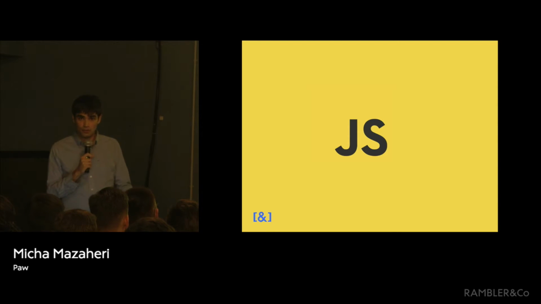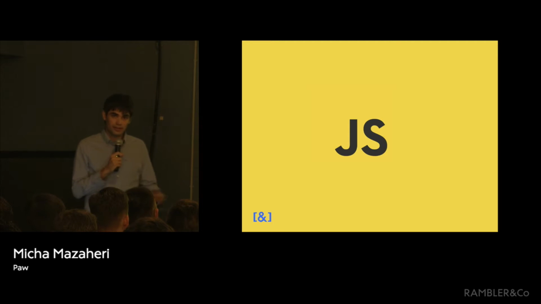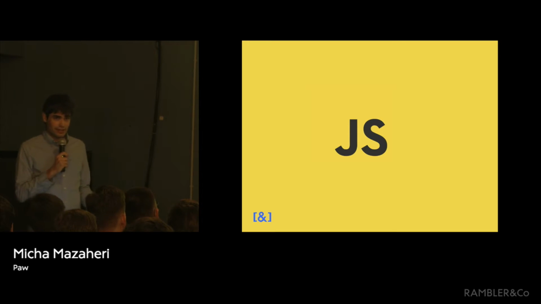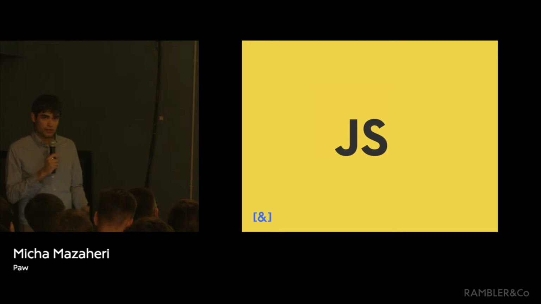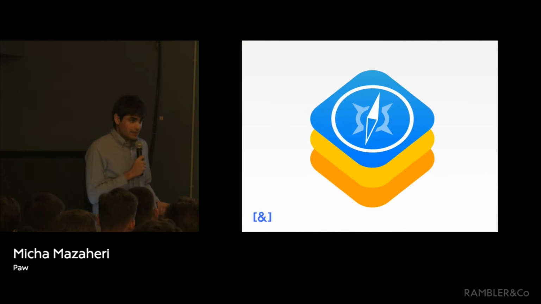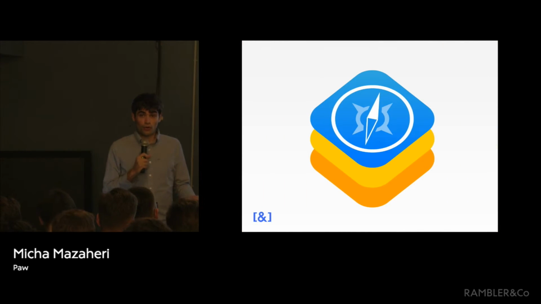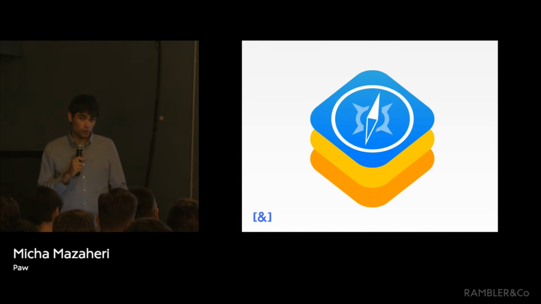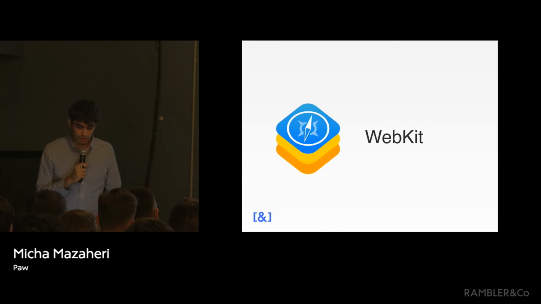It's a very popular language. We may hate it or like it, but lots of people know it. And it has very nice bindings with native code. In the end, it's like V8 for Chrome. JavaScriptCore is the engine of Safari and WebKit.